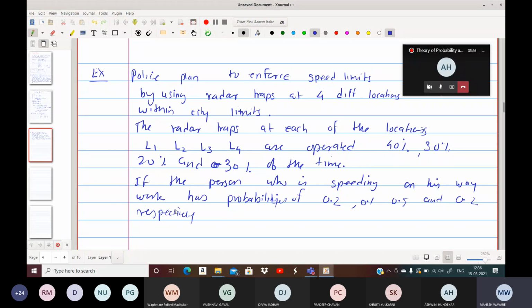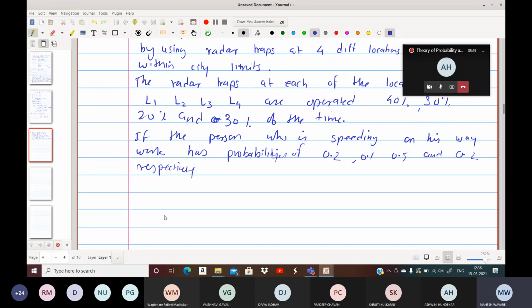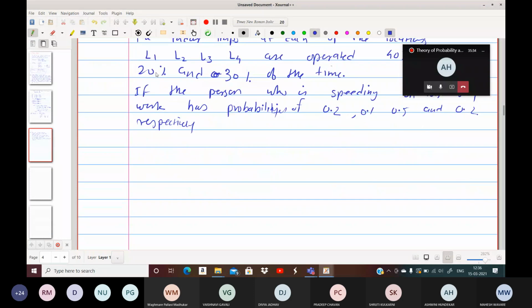Okay, this will also constitute 1. We have to decide which forms a partition.